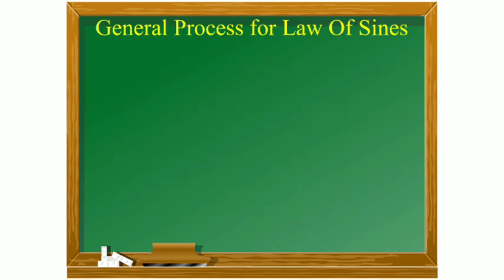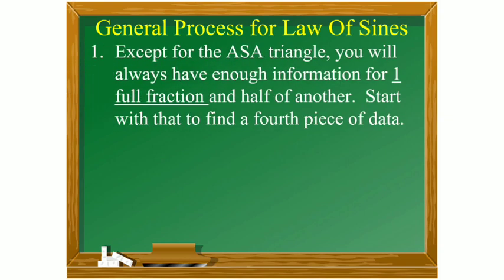We also have a general process for the law of sines to follow. The first one, except for the ASA triangle, you will always have enough information for one full fraction and half of another. Start with that to find a fourth piece of data.